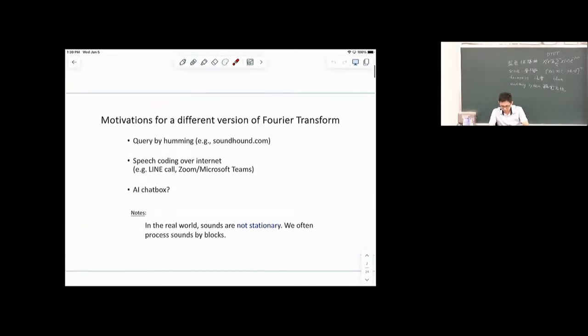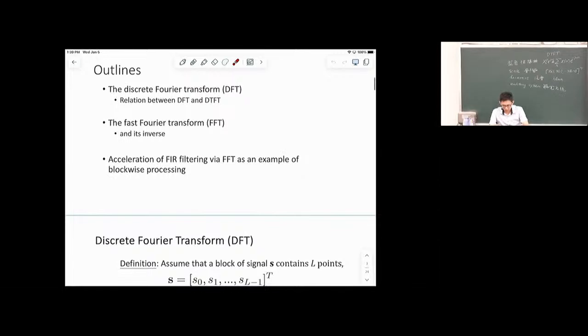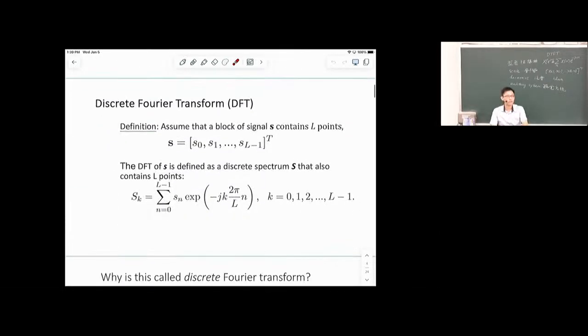So basically, DFT, FFT, and acceleration. First things first, what is DFT? The definition starts with the assumption that we obtain a block of signal. Here is a bit about the notation. We use the bold font to represent vectors.